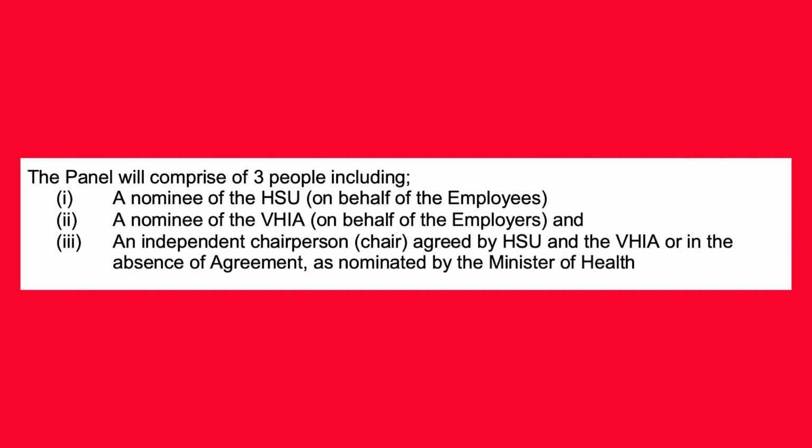So a nominee means it's someone from the field rather than a VHIA staff member. The individuals that make up the Independent Dispute Resolution Panel are independent from both HSU and VHIA. They are. The HSU will nominate an individual from the field, as will VHIA, and they will act completely independently of both the HSU and VHIA.